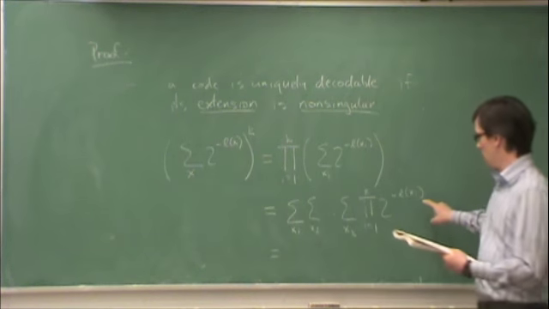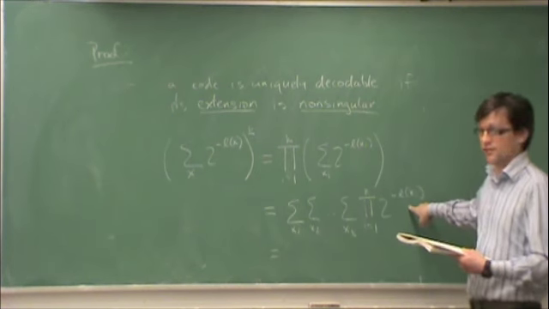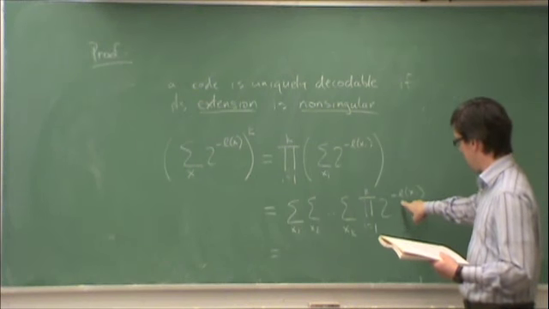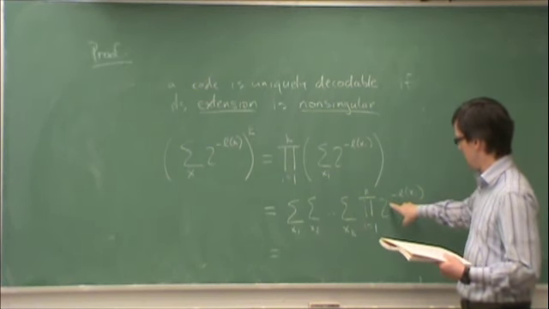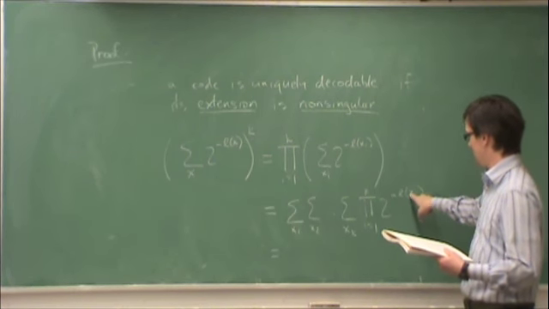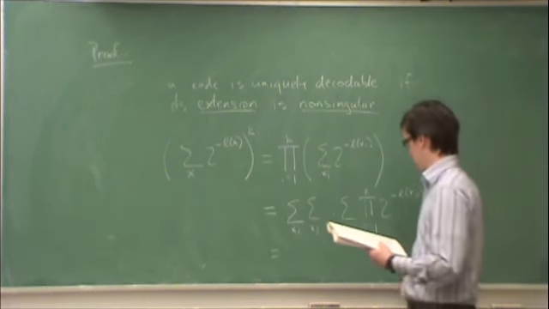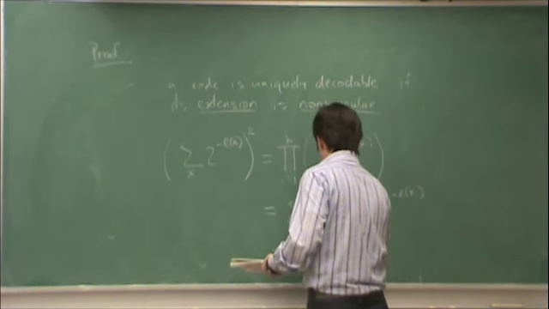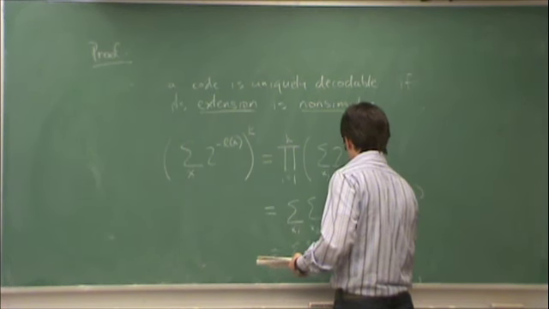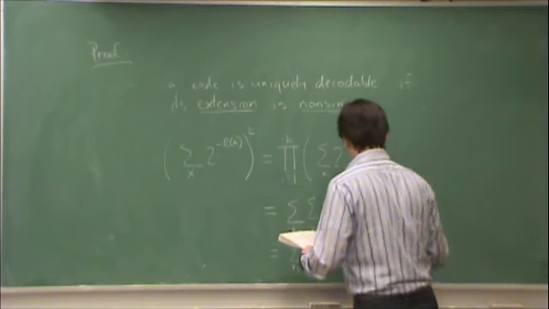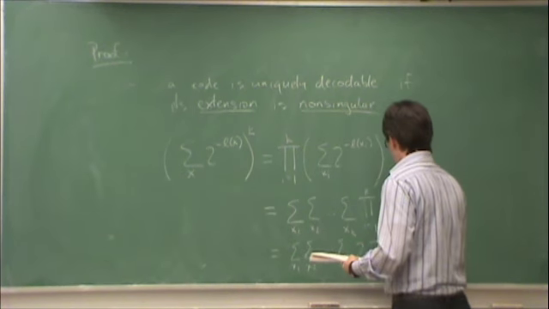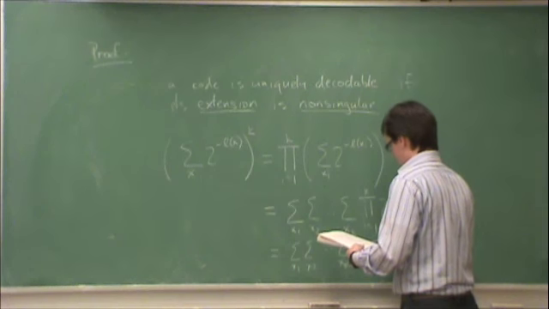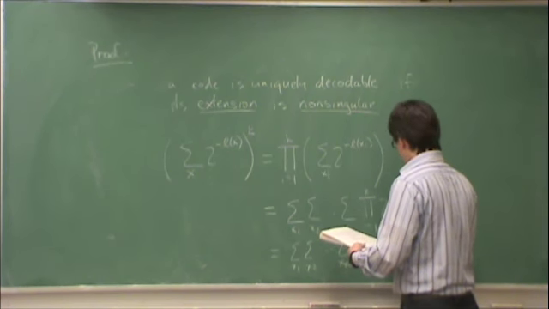And what I can do then is collect the terms in the exponent. Because I'm multiplying from 1 to k of 2 to the minus L(x_i), I basically take the sum in the exponent over here. So that's 2 to the minus the sum from i equals 1 to k of L(x_i).